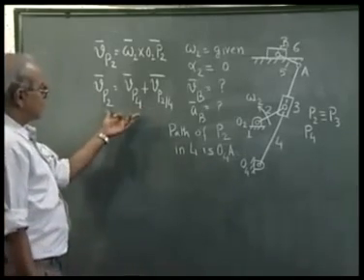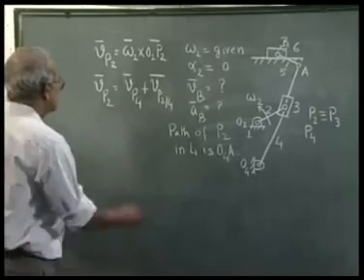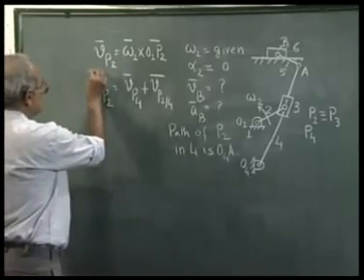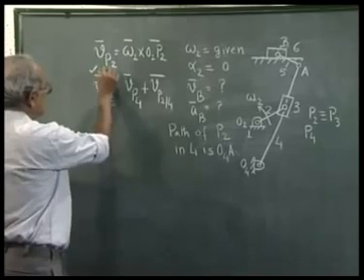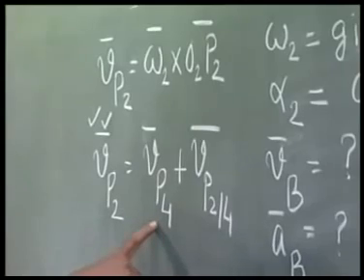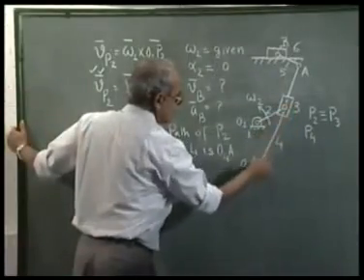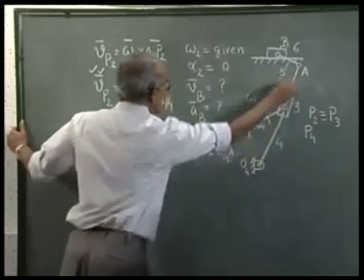Now, let me see in this vector equation what are the known quantities and what are the unknown quantities. Velocity of P2 is completely known, so I know its magnitude and its direction. But velocity of P4, I do not know the magnitude, but I know the direction because that is perpendicular to O4P4. That is perpendicular to this line O4A.